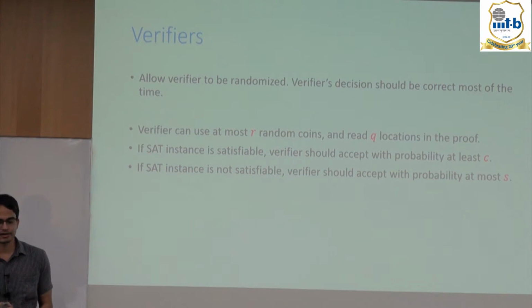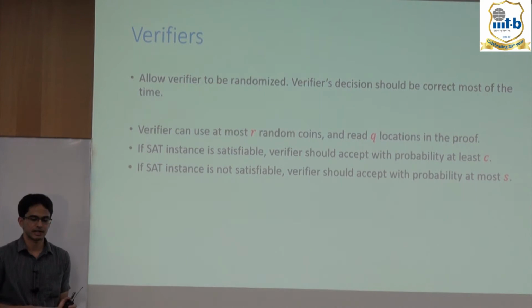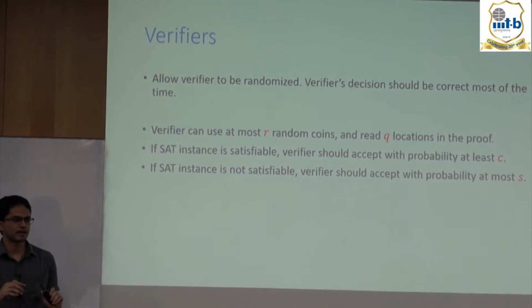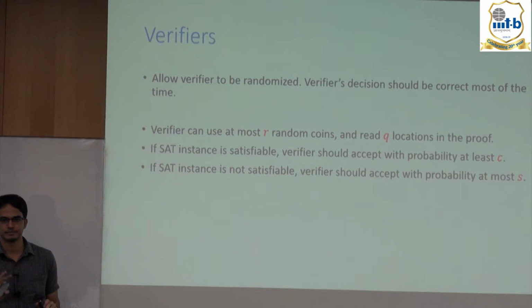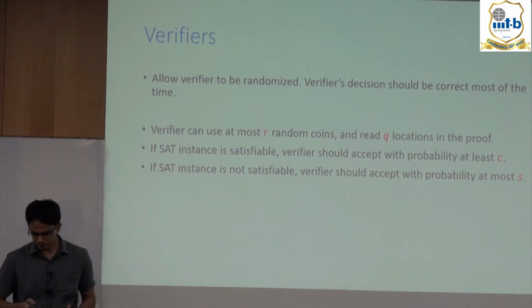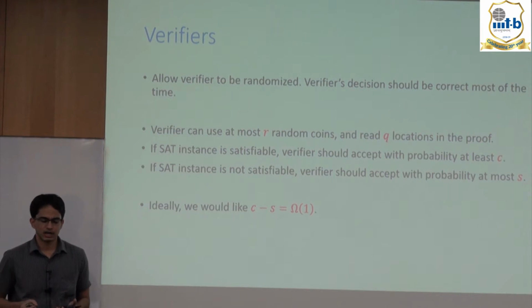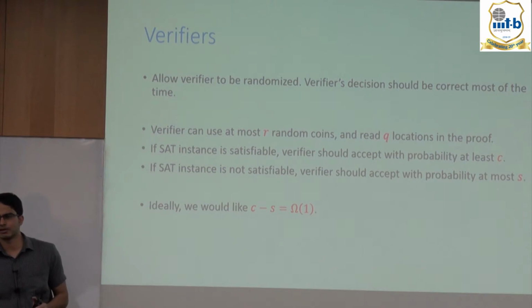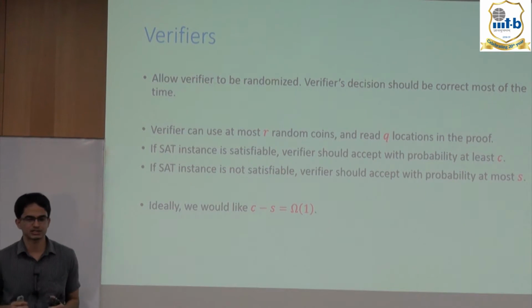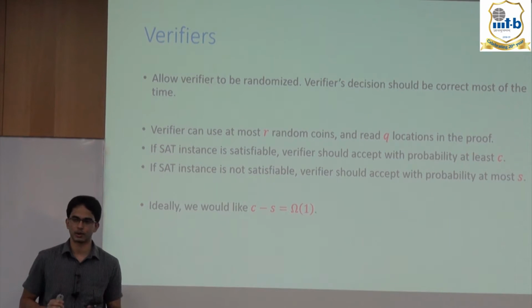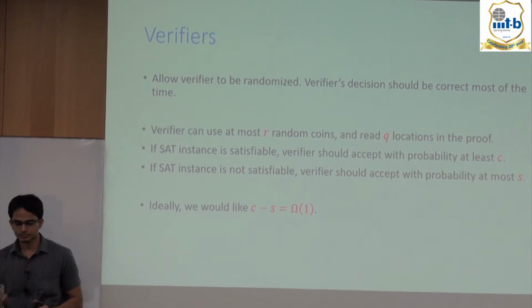And if the SAT instance is not satisfiable, the verifier should accept with some small probability S, something very far from 1. Ideally we would want C to be 1 and S to be 0, but that might not always be possible, so let's relax what we want. Let's say C minus S should be some omega 1, some constant. That's all we want.